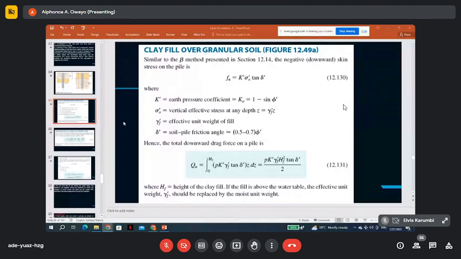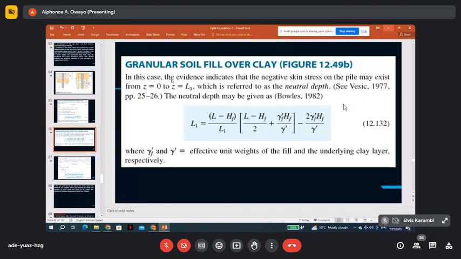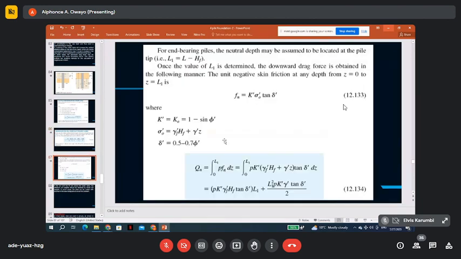And it's also possible that granular soil is above the clay layer. So again, this would be the way you are able to calculate the downward drag force. Now, this is extra information.